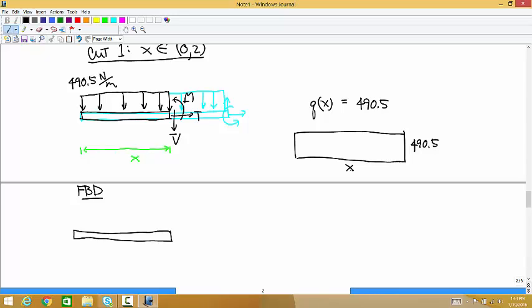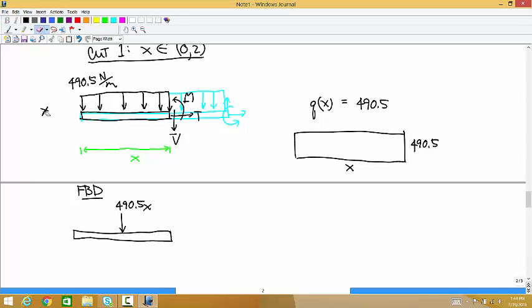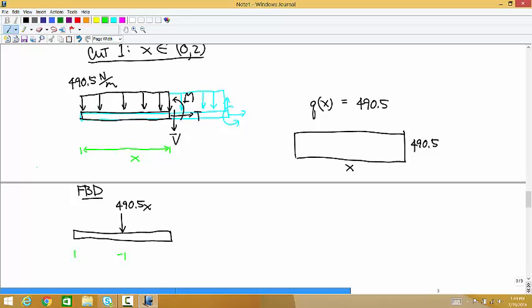So what's the area of that rectangle? You guys done rectangles? 490.5x. Yep, good. And then the centroid of a rectangle is just going to be x over 2 from either end. Okay, so we have a total force of 490.5x, where this distance is x over 2.